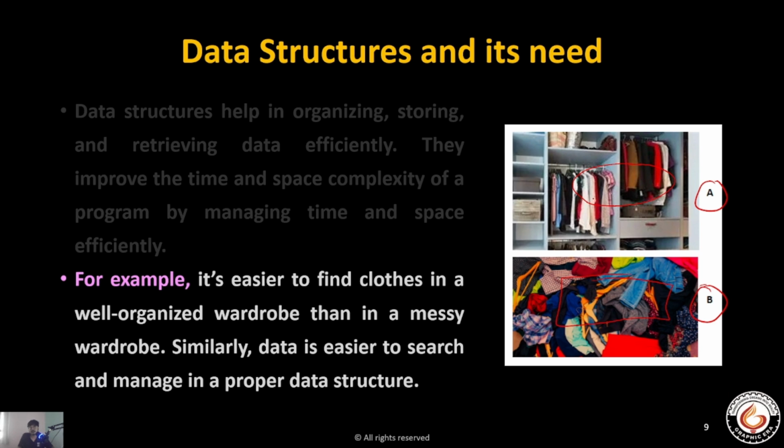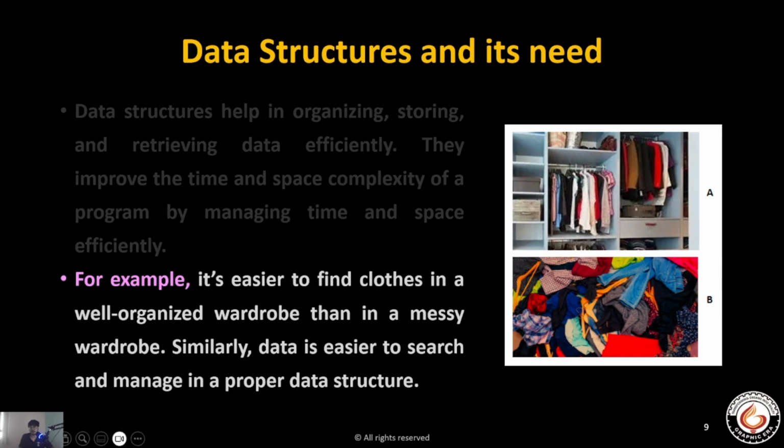Storage efficient because we can store a lot of clothes, and time efficient because we can find our clothes easily. It's very hard to find clothes in a messy wardrobe. Similarly, data is easier to search and manage in a proper data structure. If your data is not properly managed, it will be like the messy wardrobe shown in figure B.